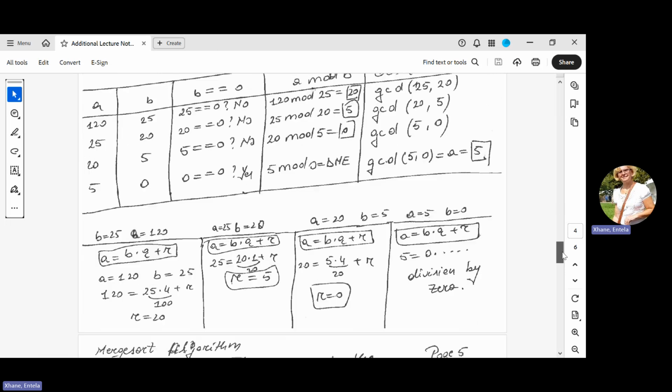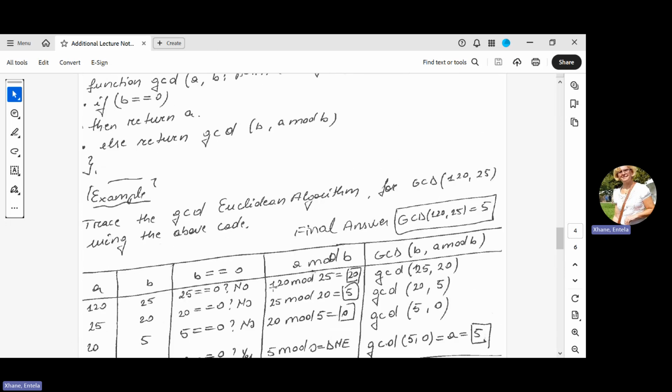So therefore, the remainder is 20. So I'm going to write 120 mod 25 is 20. Now I'm looking at the greatest common divisor between B, which is 25, and A mod B, which is the remainder, 20. And then we'll transition into the next step.